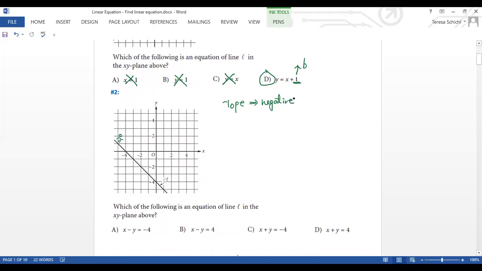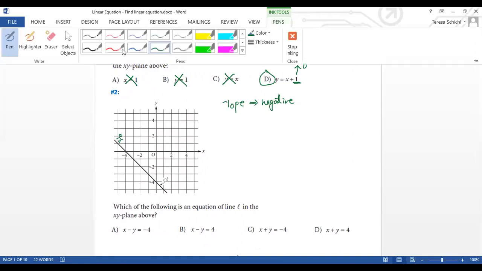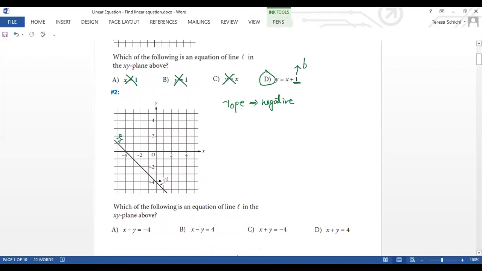Also I notice here this line intersects the y-axis here. So I know this line is going to have a y-intercept equal to -4, okay?